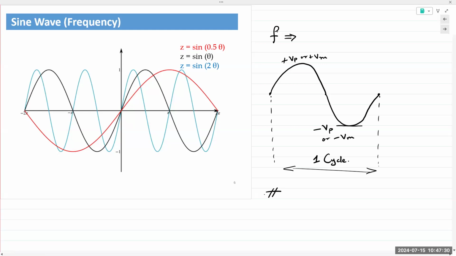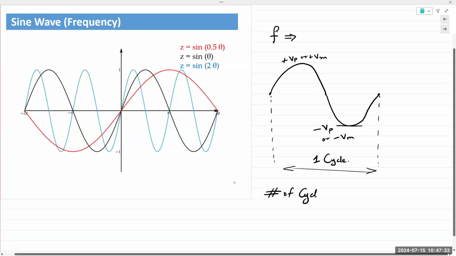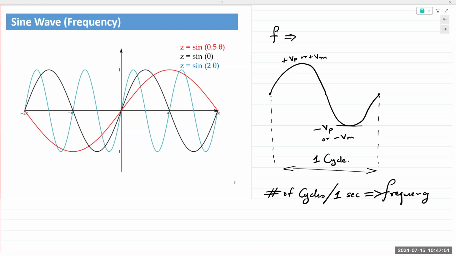The number of cycles that a waveform completes in 1 second is termed the frequency of the waveform. So a 60 hertz frequency for our power outlet indicates that the waveform goes positive, negative, positive, negative 60 times in 1 second.